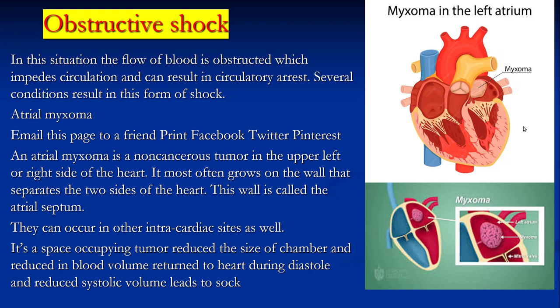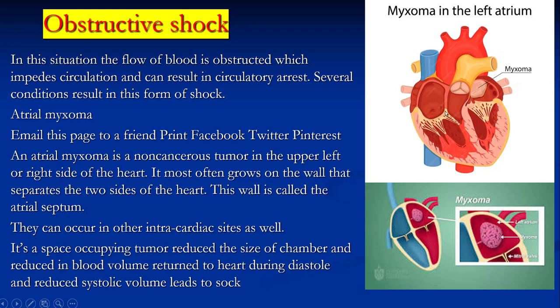Obstructive shock. In this situation, the flow of blood is obstructed, which impedes circulation and can result in circulatory arrest. Several conditions result in this form of shock. These are atrial myxoma. An atrial myxoma is a non-cancerous tumor in the upper left or right side of the heart.